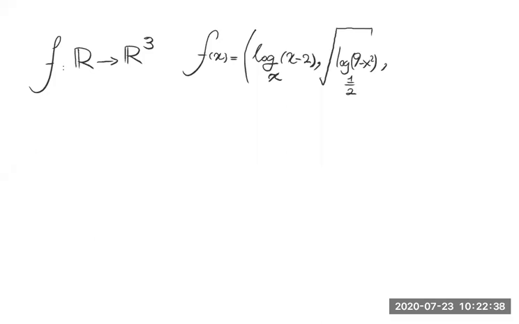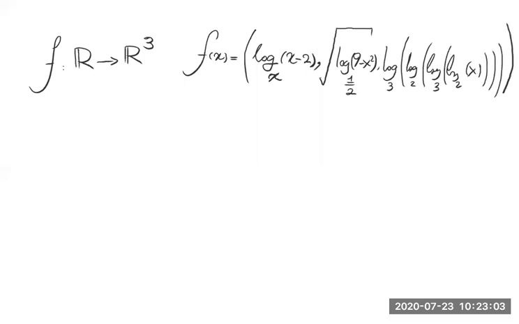And in order to make something as challenging as possible, because it's Calc 3 and you should see challenging things, let's say the third component is log in base 3 of log in base 2 of log in base 3 of log in base 2 of x. This is our function. And the question is finding the domain of f.